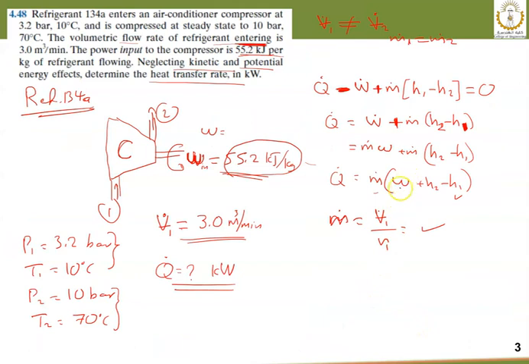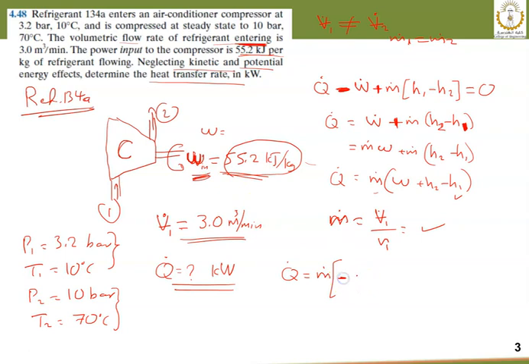Now there is something important that you need to notice. Let me write it. So here Q dot equals m dot times W. What is W? W is 55.2, but this is input, and input work is negative.